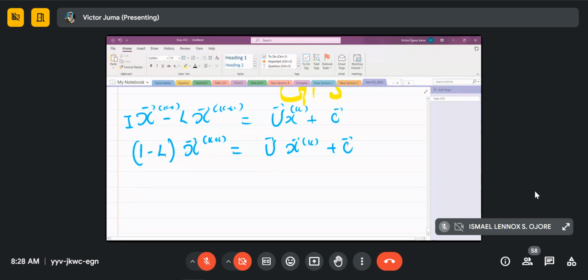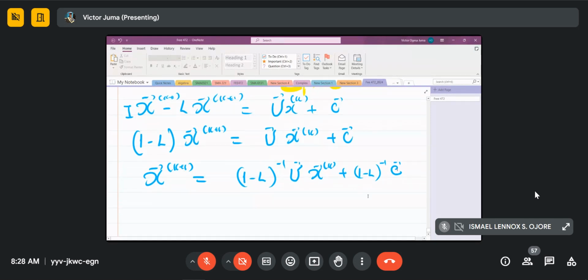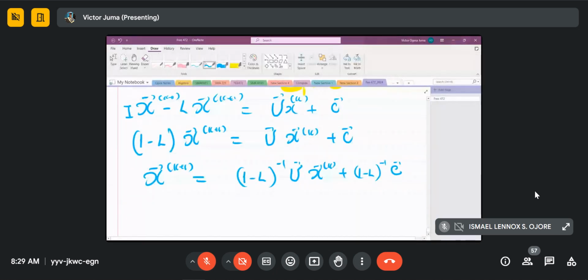And so it means I can find the inverse both sides, and then I can have that x at k plus 1 is the same as I minus L inverse U xk, and then plus I minus L inverse multiplied by C.